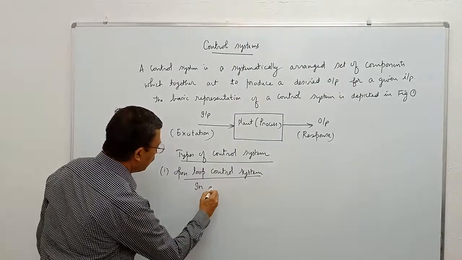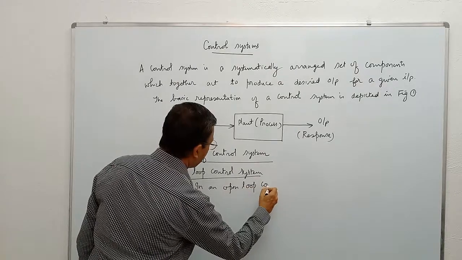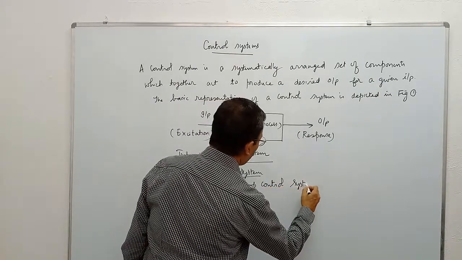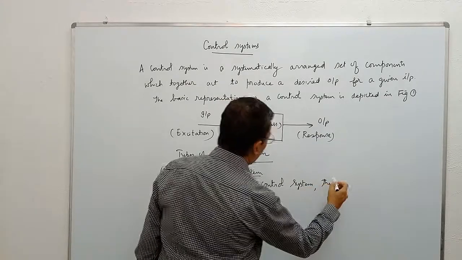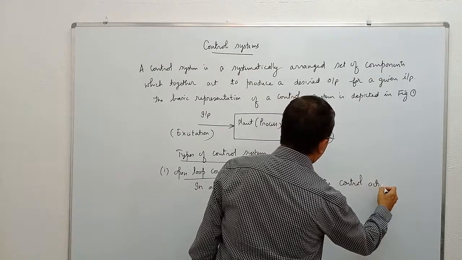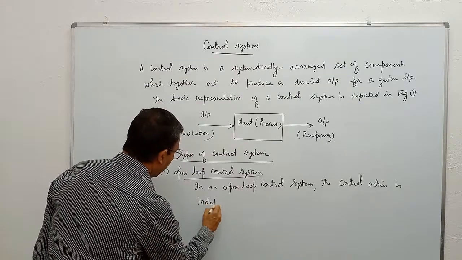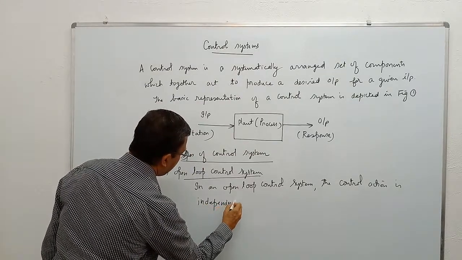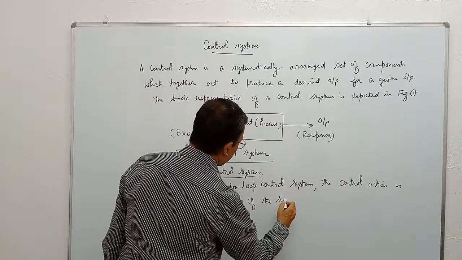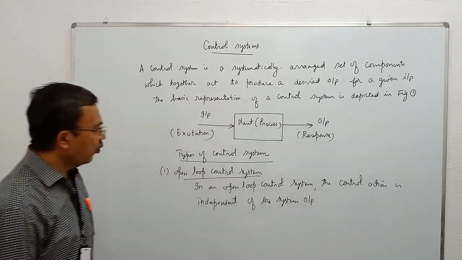In an open loop control system, the control action is independent of the system output. What does it mean?